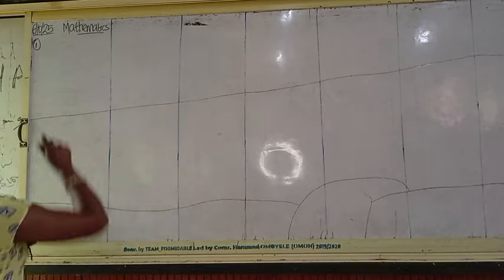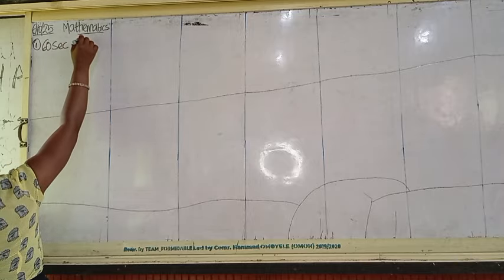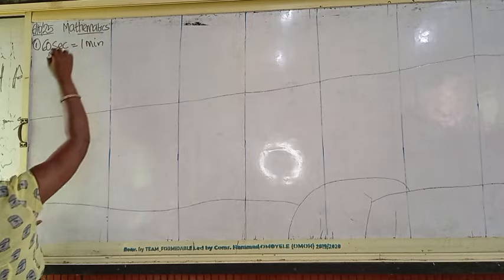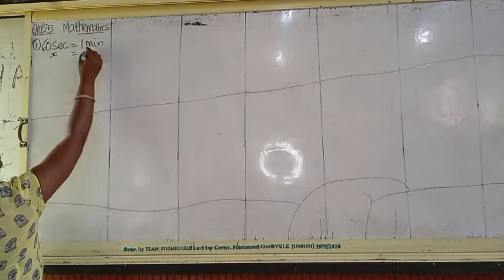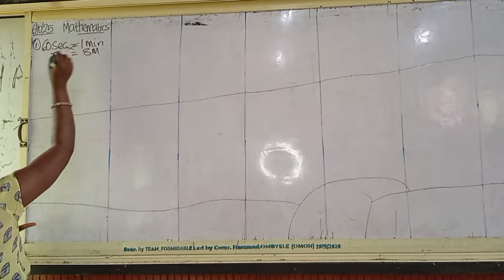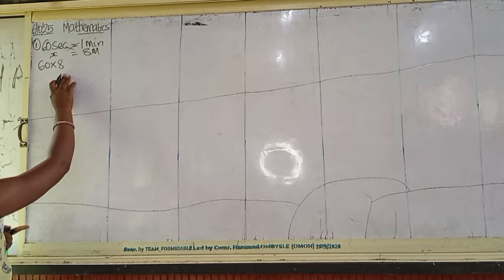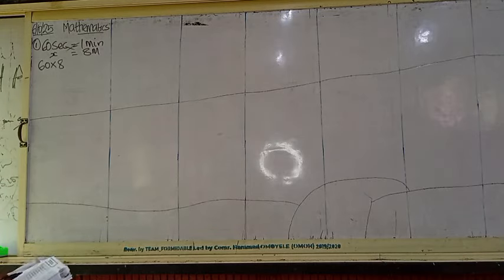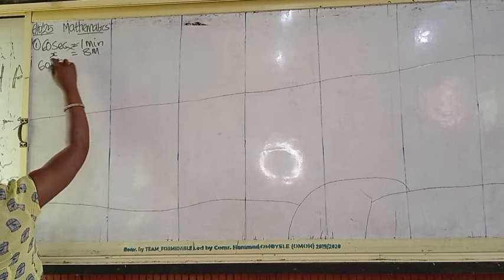60 seconds is equal to 1 minute. And here we don't know it, but we are told we have what here? 8 minutes. So when you want to cross multiply, it will be 60 times 8. Whatever answer you get, you are adding it with 12. So 60 times 8 is what here?